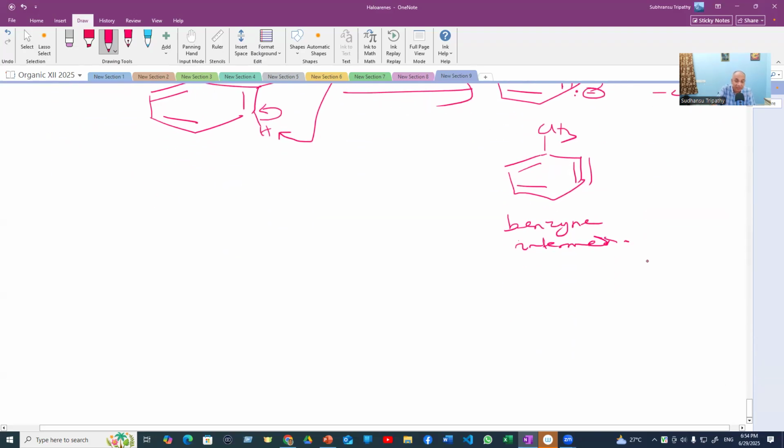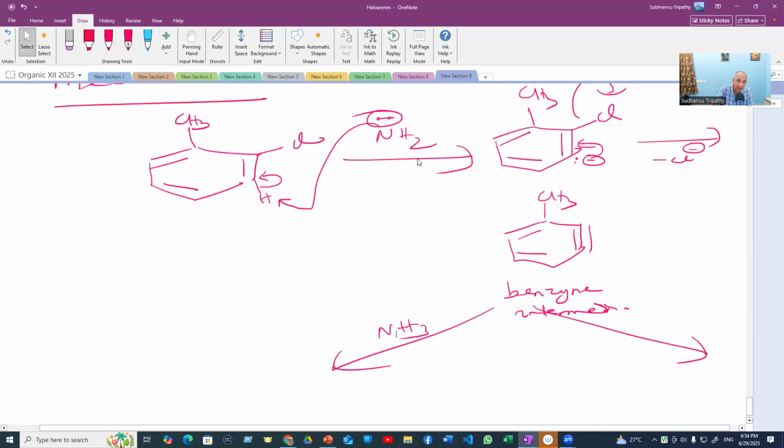Now the benzyne intermediate has two ways to be attacked. Now ammonia is there, ammonia abundantly as solvent, and whatever amide ion was there has been used up in the beta elimination. So all are ammonia.